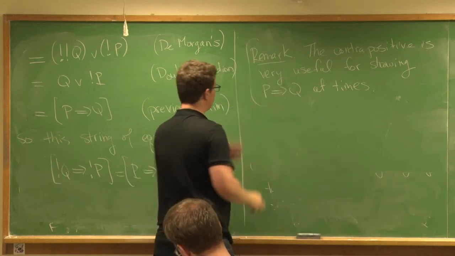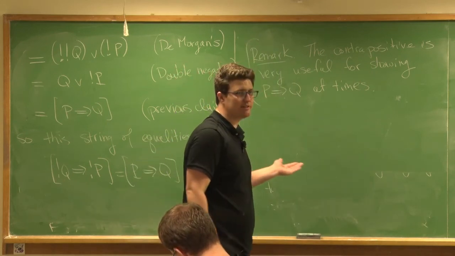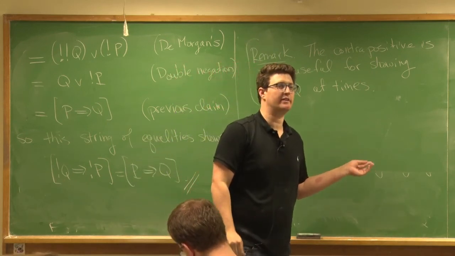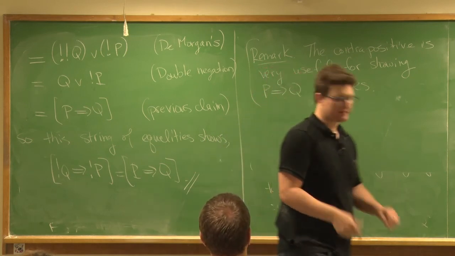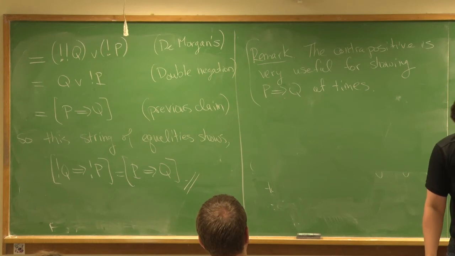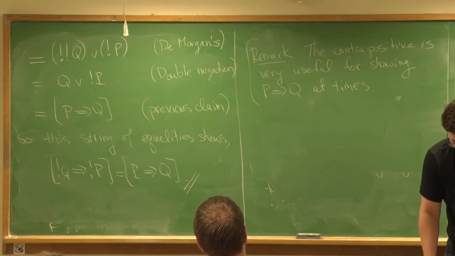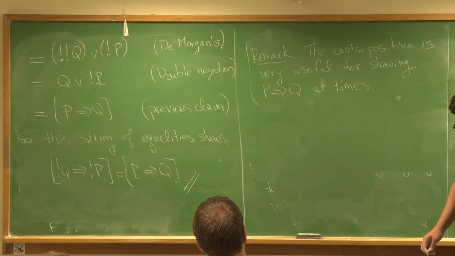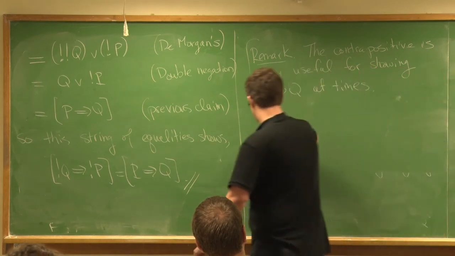Because the psychology of it sometimes changes when you look at it in the contrapositive and something clicks. They're equivalent, right? But sometimes it's easier to see what's going on when you use the contrapositive. Okay, and so let me just make a quick remark on negations, and then we'll do some exercises.